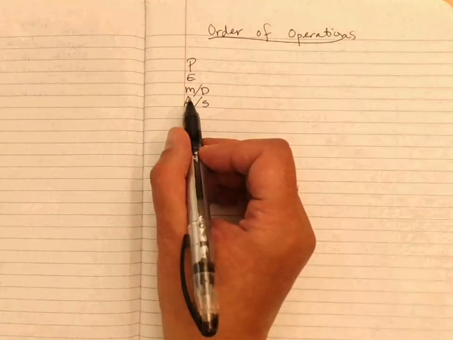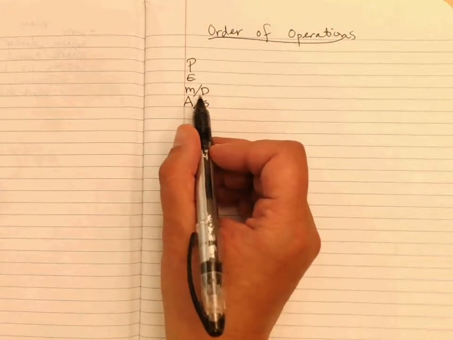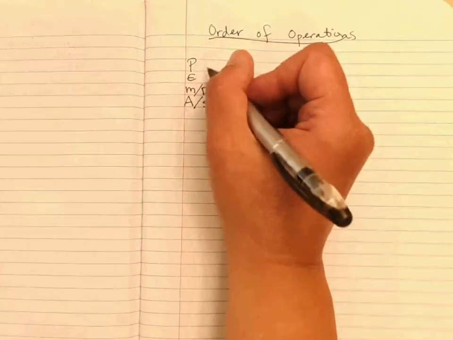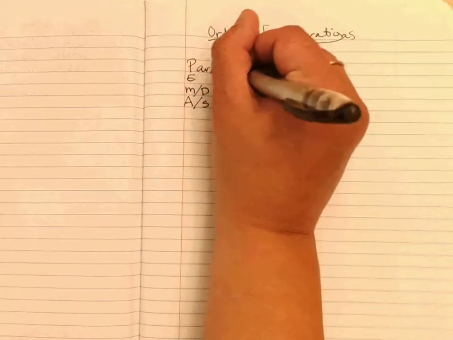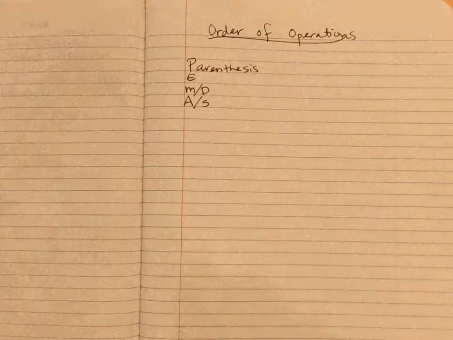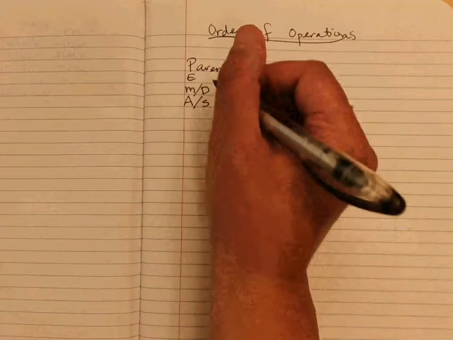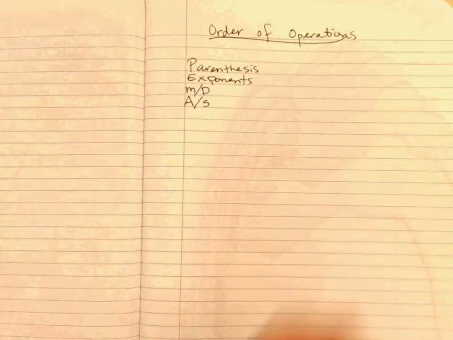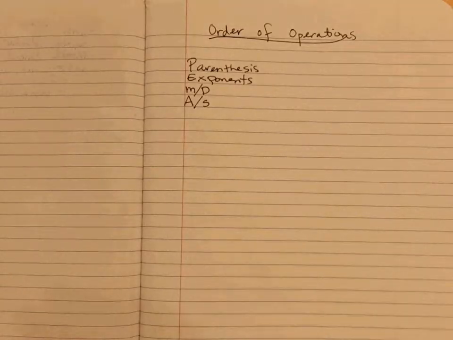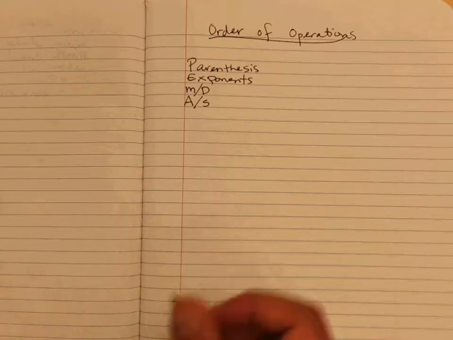Now, the one that is often mistaught is, so the first one stands for what? Parentheses. Okay? And the second one stands for, why did I put the M and the D next to each other?